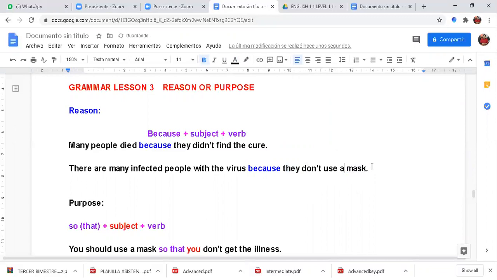Why are there many infected people? Because they don't use a mask, expressing reason. But this reason is introduced by because, and after because you need a subject and a verb. That's grammar.